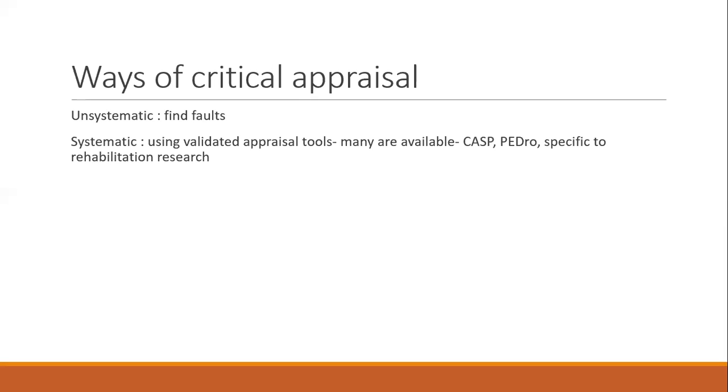So CASP is a good resource. PEDro will only talk about RCTs. PEDro you must all be familiar with. And then there are some that are specific to rehabilitation research. There are some that are very generic, like the Jadad scale and so on. So these are ways of doing critical appraisal using a systematic tool.